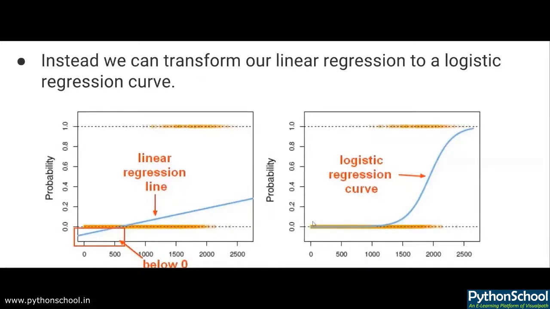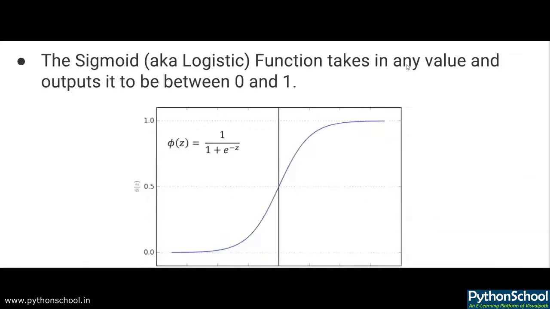A logistic regression curve will always go between 0 and 1. The sigmoid, a logistic function, takes in any value and outputs it to be between 0 and 1. So this sigmoid is going to be the key to perform logistic regression in order to perform classification.